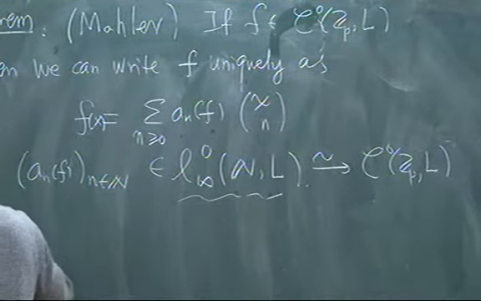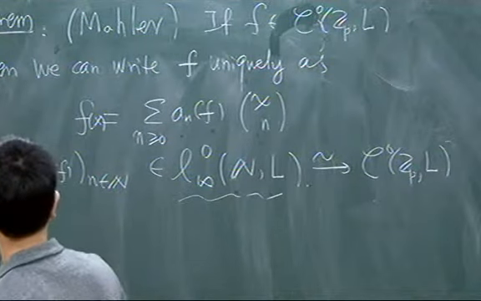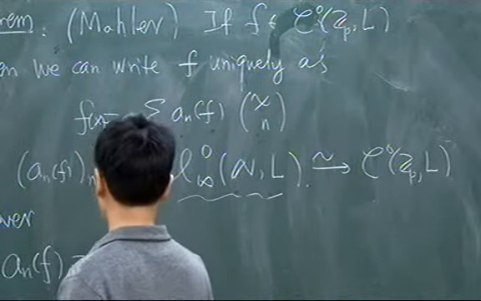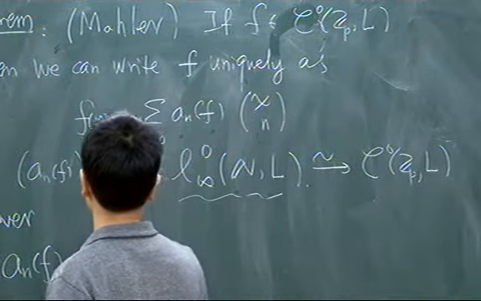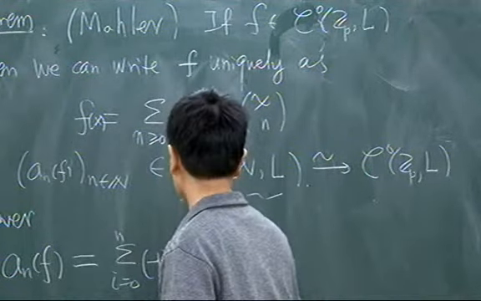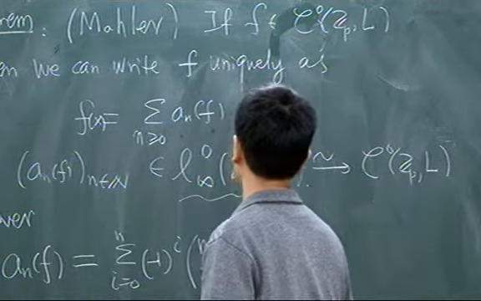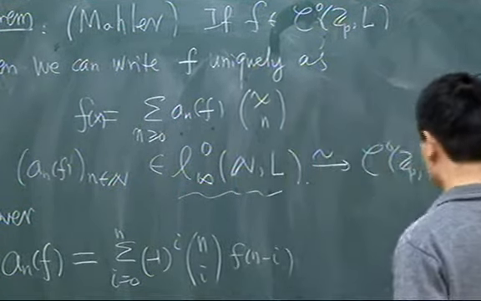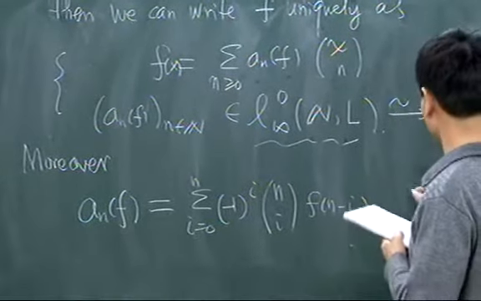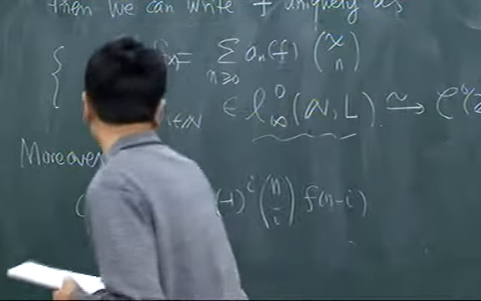So what is a_n(f)? Moreover, we can compute it: a_n(f) is the sum over i from 0 to n of (-1) to the power n minus i, n choose i, times f(i). How do you get this? You get it by iteration.